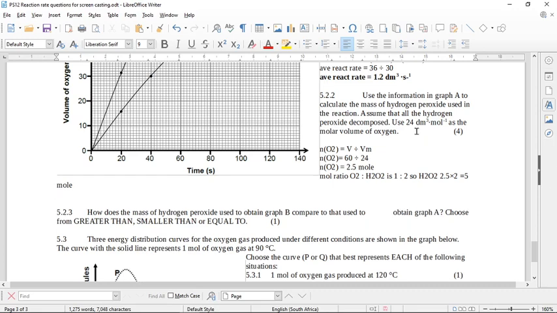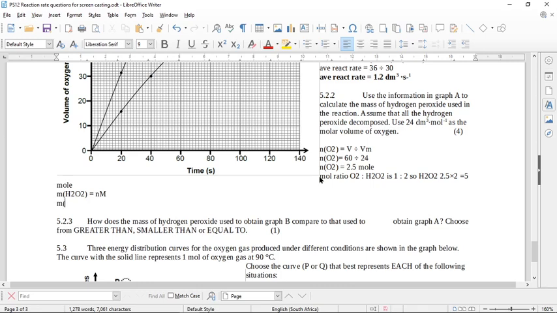It says to you, what are you supposed to find? The mass of hydrogen peroxide used. So for the mass of hydrogen peroxide, we're going to have to use n equals m over M, but we're going to go m equals n M. So the moles of hydrogen peroxide is 5 times, what's the molar mass of hydrogen peroxide?